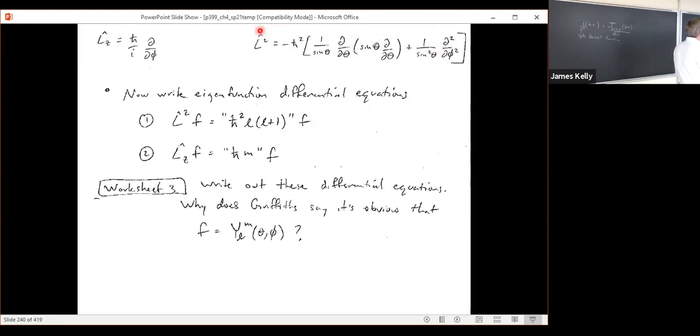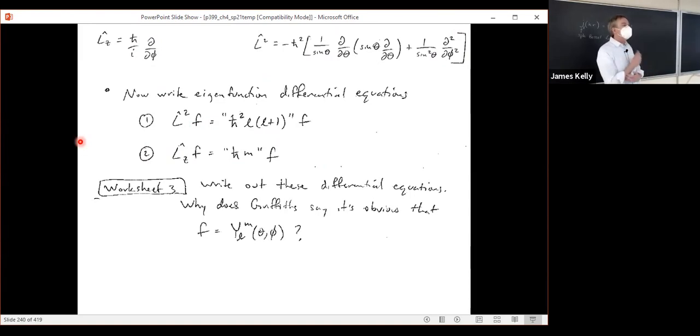That is the angular equation we got when we were doing separation of variables in 3 dimensions, and we separated out the radial part, and then we had a leftover angular part, which involved both theta and phi. That was that angular equation for both theta and phi. And then we further separated that into 2 pieces, and this differential equation was the one we got for just the phi dependence in our full product solution.